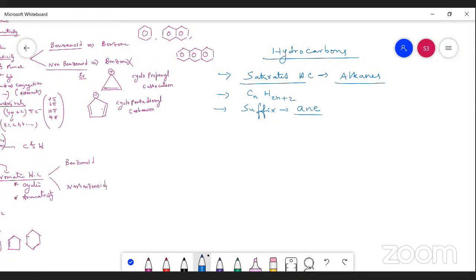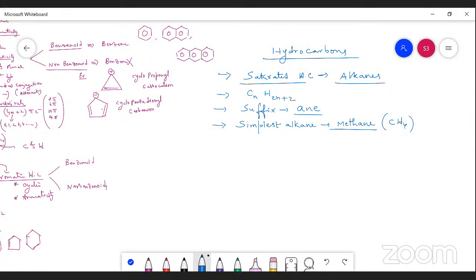Remember that. And the simplest alkane that we found is methane, a one carbon containing alkane.